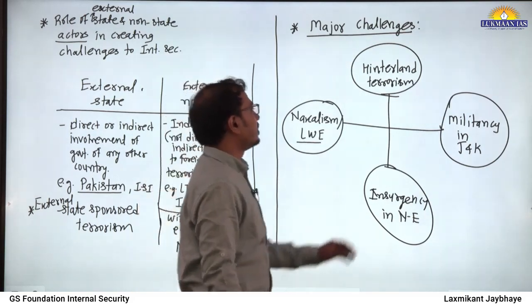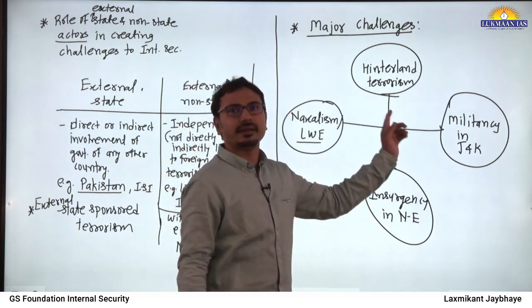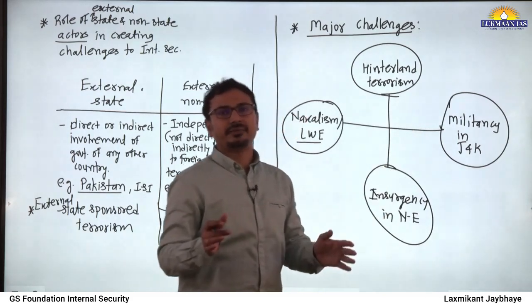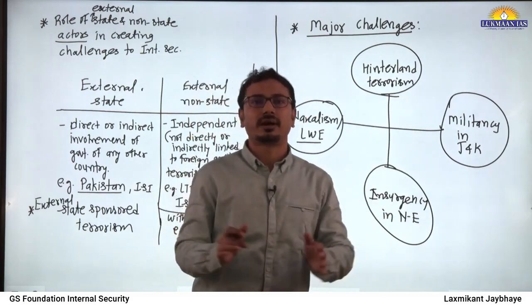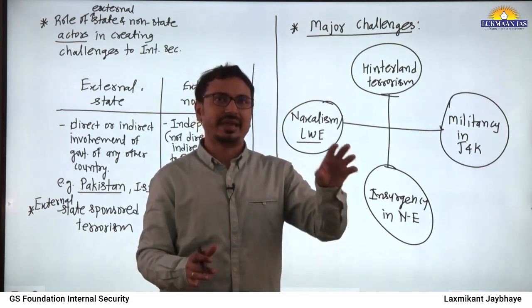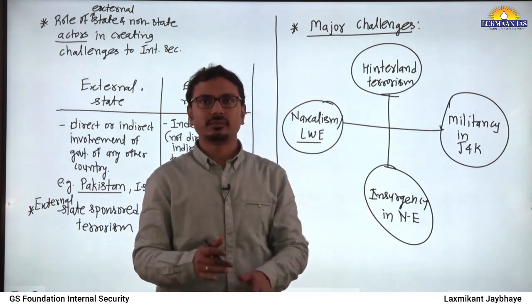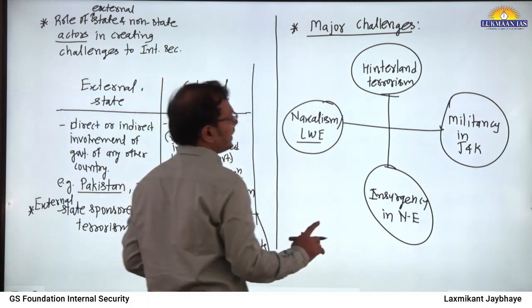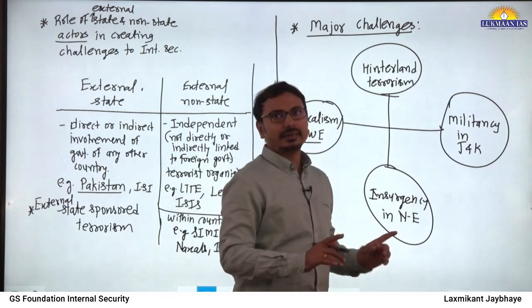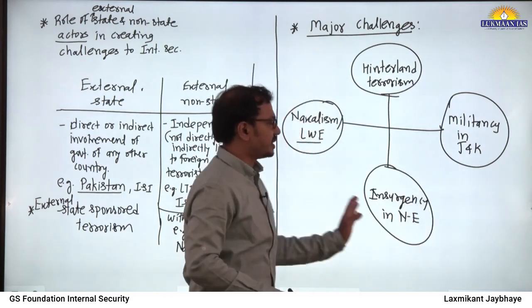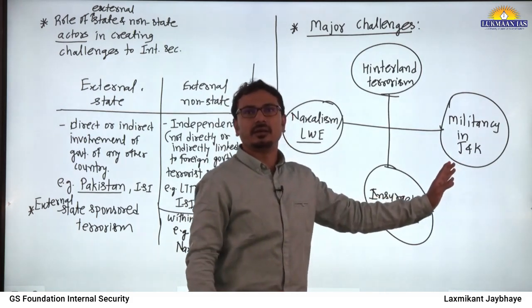Just now we talked about hinterland terrorism. Hinterland terrorism is basically the kind of terrorism activities that are carried out throughout the country and not in a specific area. So that combinedly we will deal here as hinterland terrorism, and it is separate from all these three which are specifically in certain areas.